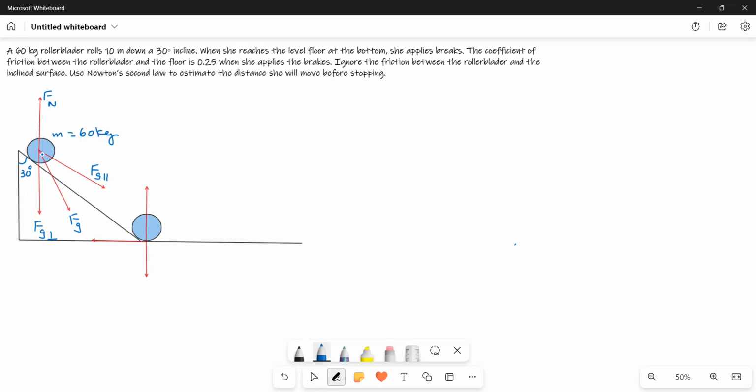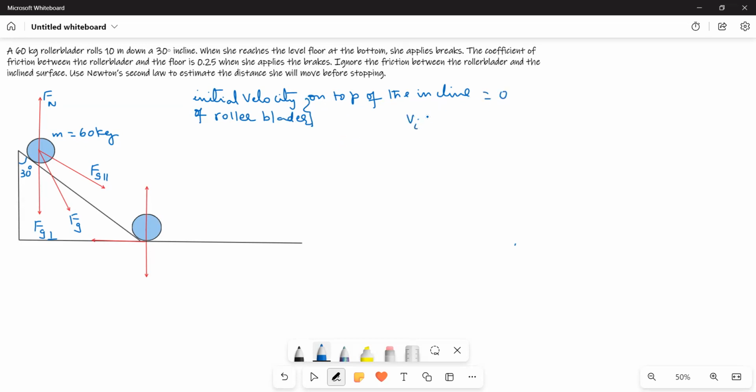Now the rollerblader rolls from the top of this incline and comes down. So the initial velocity of the rollerblader on top of the incline is 0.